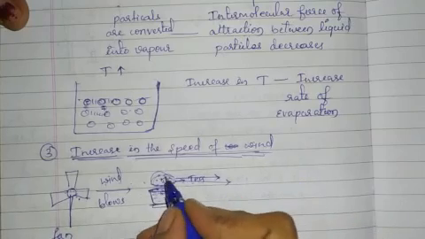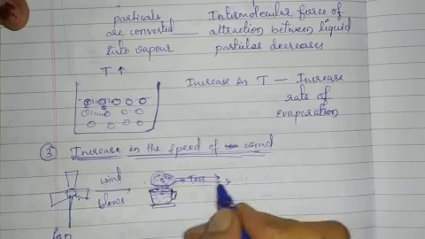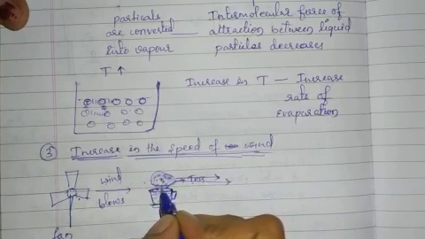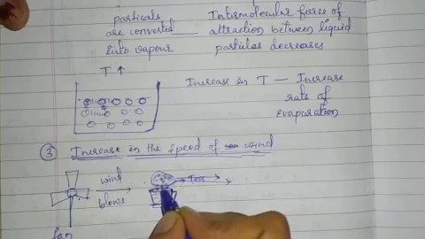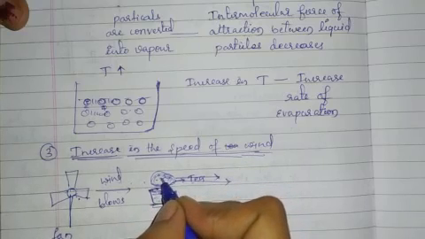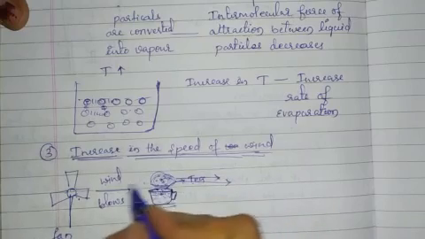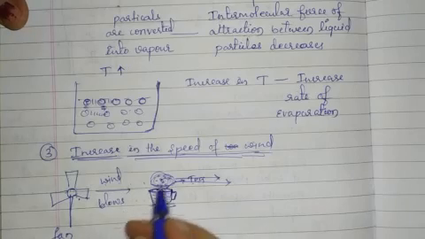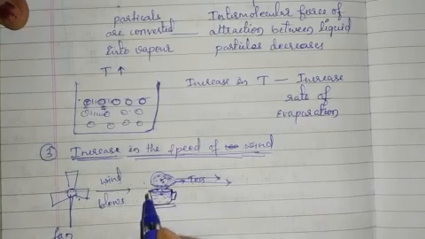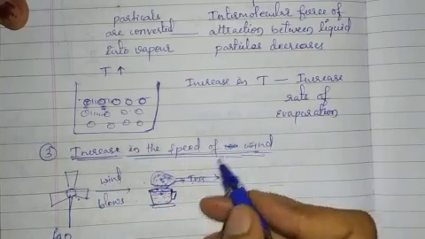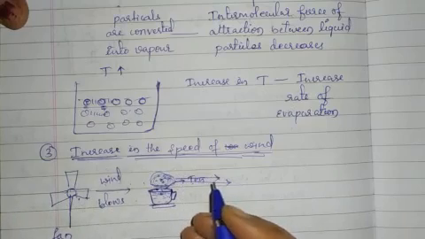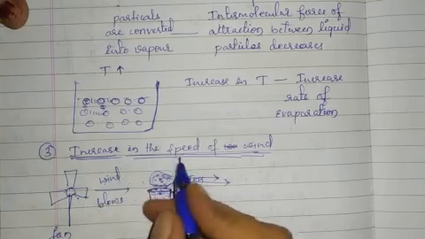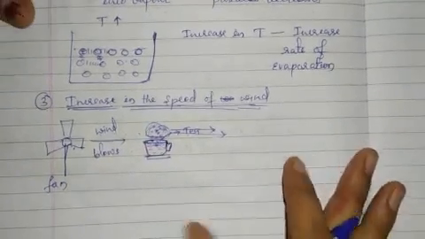Again new vapor molecules are formed, as liquid is converted into vapor molecules. This process continues as long as wind blows. So from this we can understand that with increase in speed of wind, the evaporation process also increases, because continuously vapors are taken away by the wind. Therefore increase in speed of wind increases the evaporation rate.